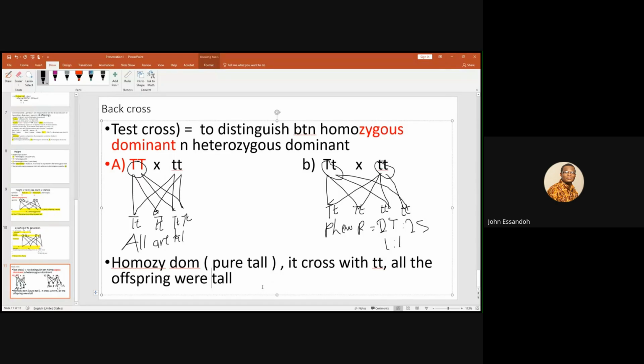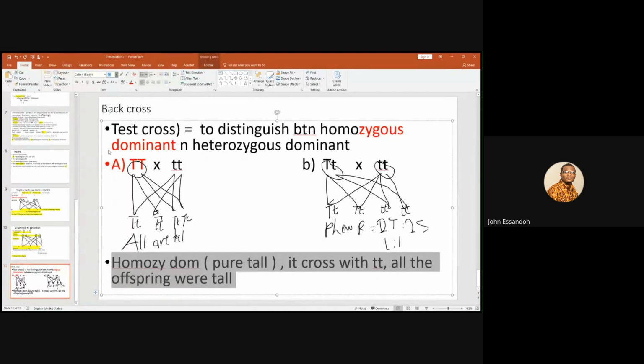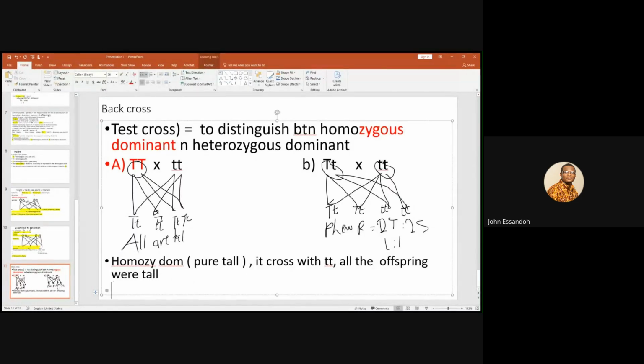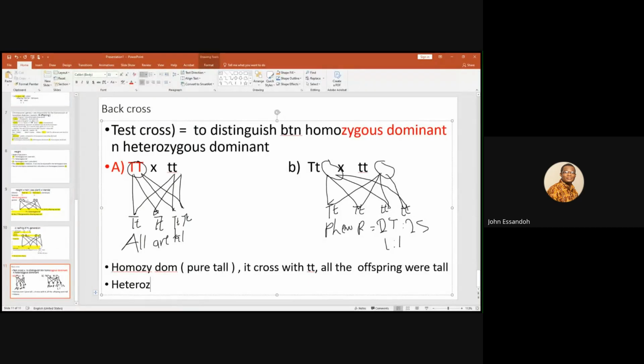Then, when you cross heterozygous tall, you can see the phenotypic ratio: 50% tall, 50% short.